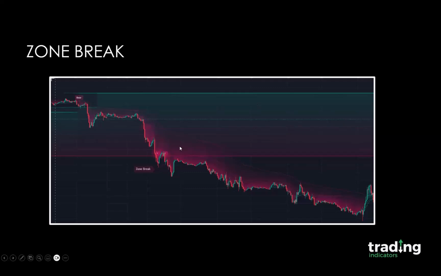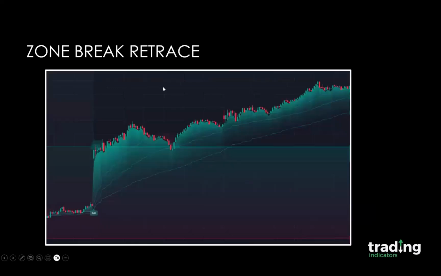And once again, we would place our stop loss just above the support zone or just below the resistance zone in this case. And we had one more setup, which is my favorite one, because I like bounce too, and it would have been perfect last week. But this one also is one of my favorite ones. It's called the zone break retrace setup. It's the classic fake out scenario where first we do have a nice zone break, an initial follow through. You can see here, resistance is broken, a nice follow through, but then the follow through takes a break.